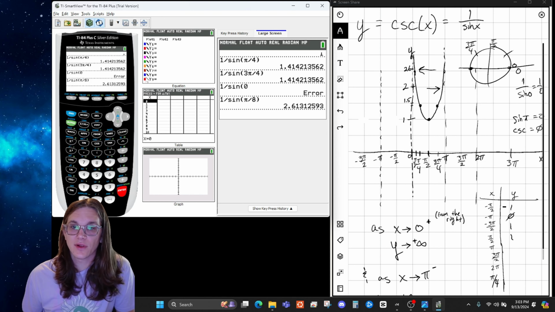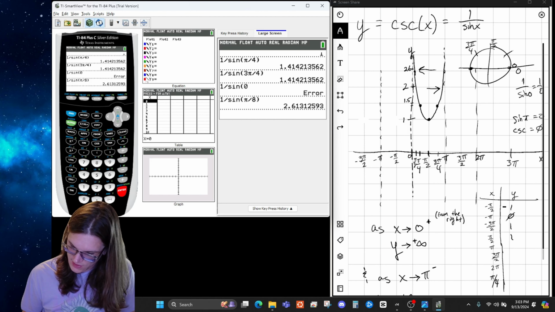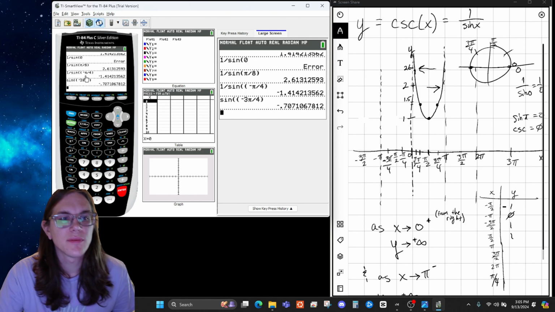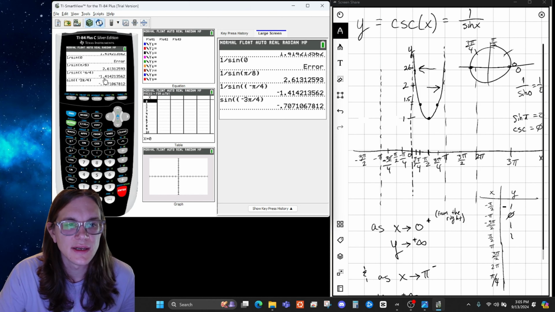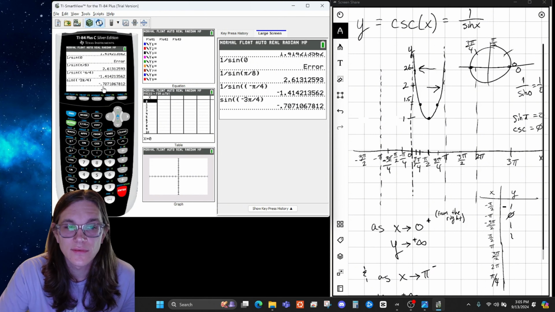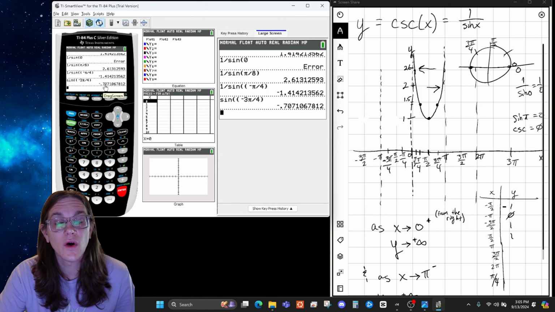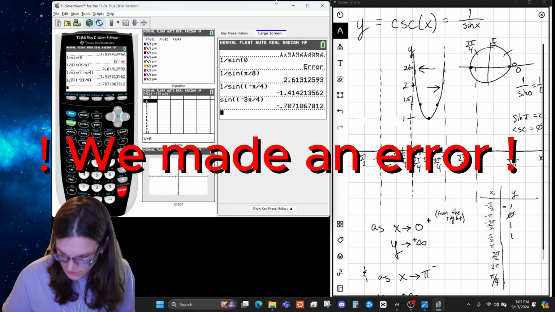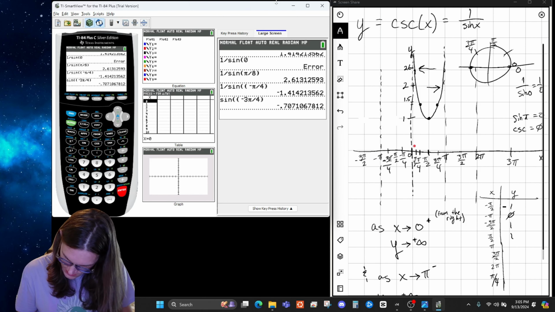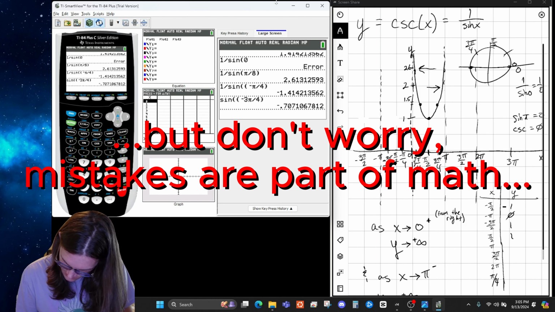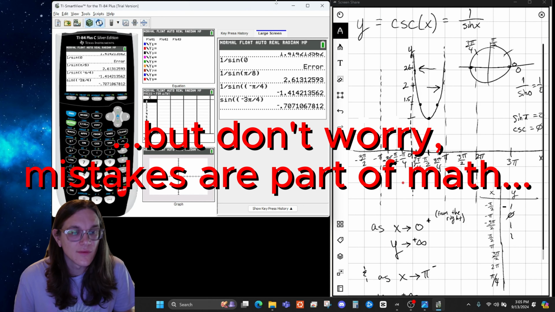And I have to plug in 2 points just to be super sure, in my opinion. So negative pi over 4 is negative square root of 2. Negative 3 pi over 4 is negative square root of 2 over 2, aka negative 0.707, which is getting interesting, because then that means down here we have, what is this?